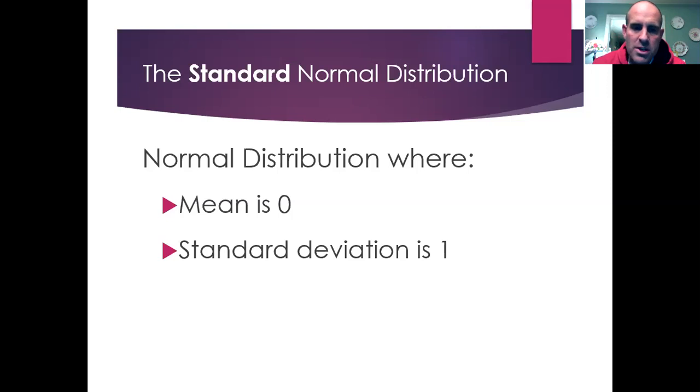The standard normal distribution has a mean of 0, like a few of those curves on that Wikipedia page, and the standard deviation is 1. So the standard deviation would therefore be the same as the variance. In fact, I think one of the examples on that Wikipedia page was exactly that. The variance was 1, which means the standard deviation is 1, because the standard deviation is the square root of the variance.